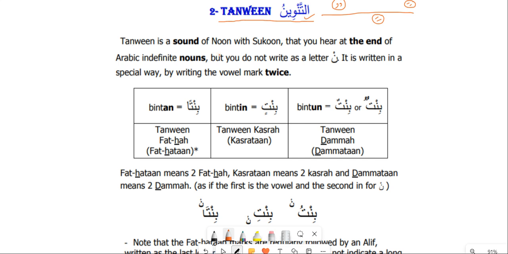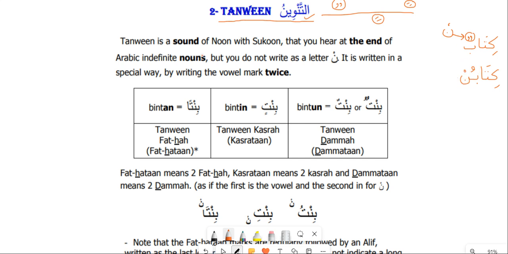Now, for example, there is a word kitab and I give you a tanween over it: kitabun. So what is the sound in this tanween? If you hear the sound kitabun, the last sound is of noon with sukun, right? So basically it is like kita, ba, dhamma, and noon sukun.